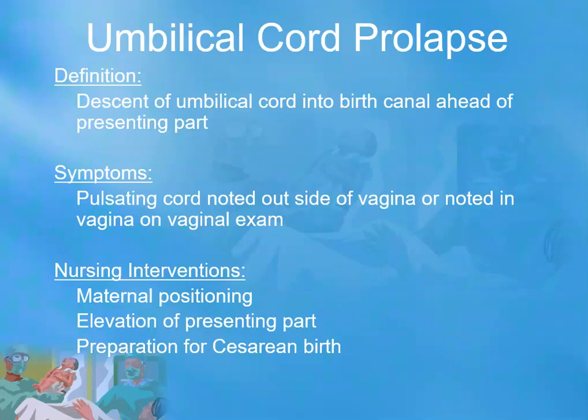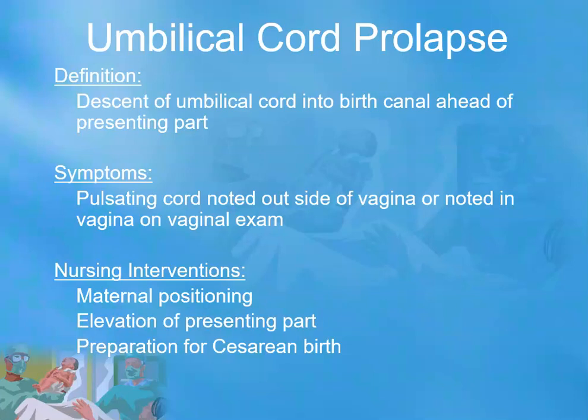Can you sit like that forever? Absolutely not. So we plan to do a C-section, and we get a C-section set up for that. So maternal positioning. Now, like I said, if they can get in knee chest, we can do that. That usually gets the baby's presenting part lifted up or elevated off of that umbilical cord. But it is always an urgent, not so much emergent.